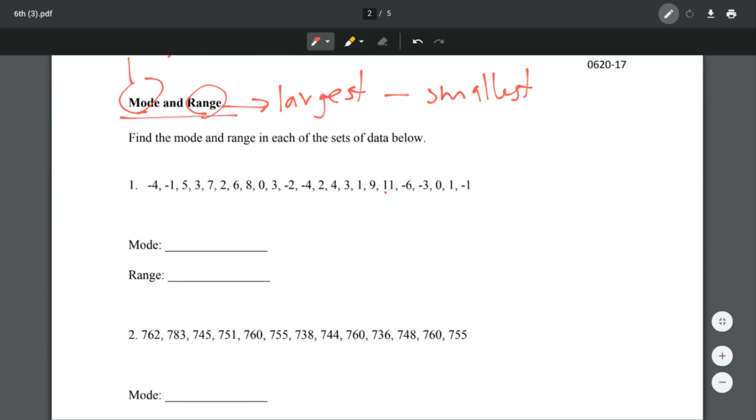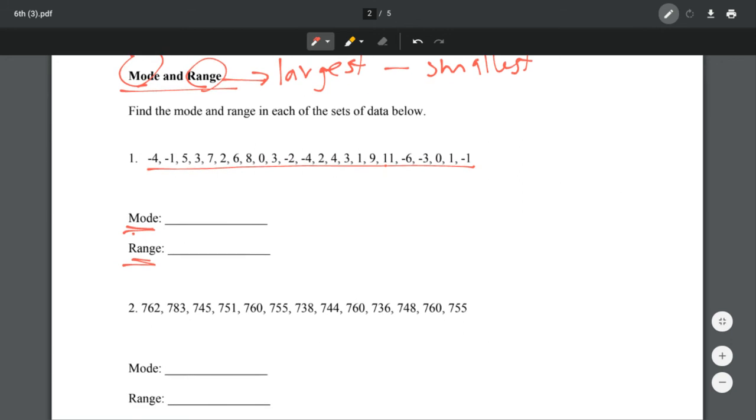Okay, so let's look at number 1, the set of data. Let's figure out what the mode and range are. For mode, we first have to count how many of each number there are. How many negative 4s are there? Let's count. There's only 2 negative 4s.